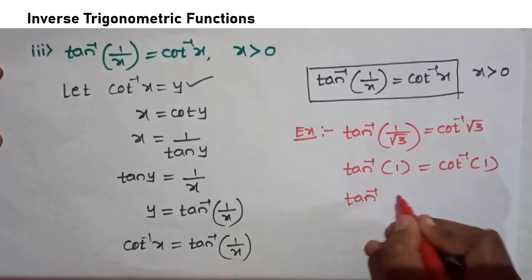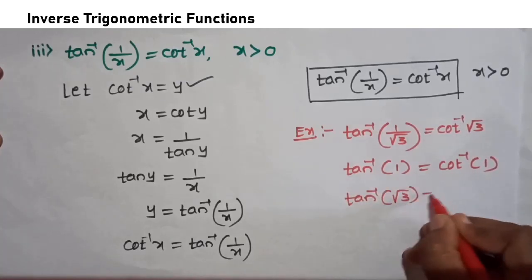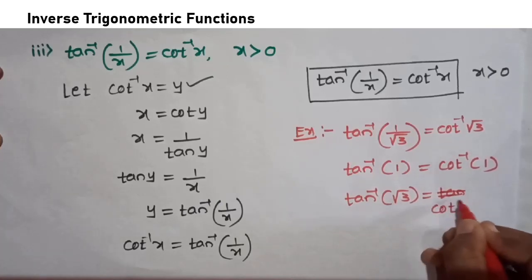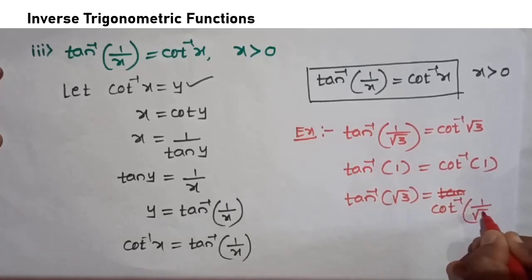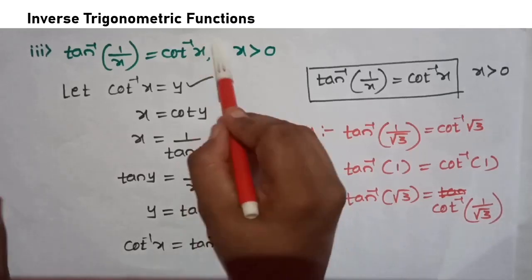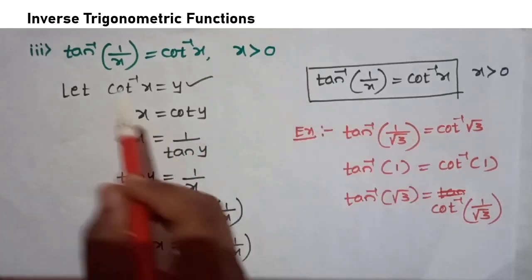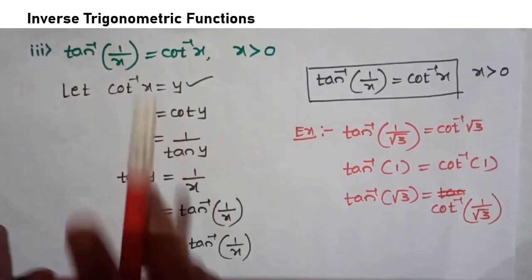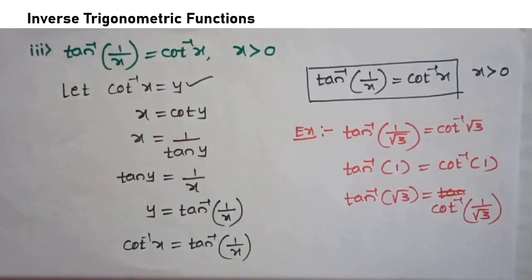So you can write tan inverse root 3 as cot inverse 1 by root 3. So you can use the property like this. If tan inverse 1 by x is there, that is equal to cot inverse x. So you can use backward also. Cot inverse x is written as tan inverse 1 by x. So this is about property number 3.